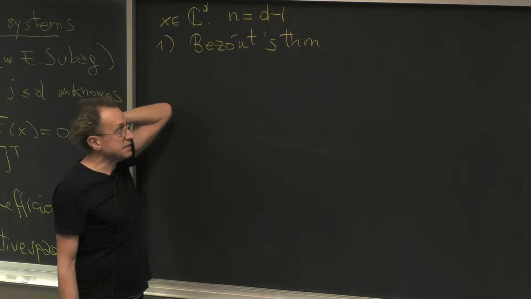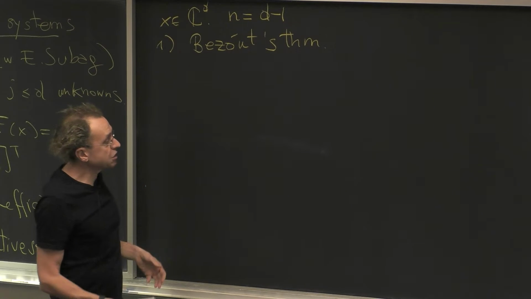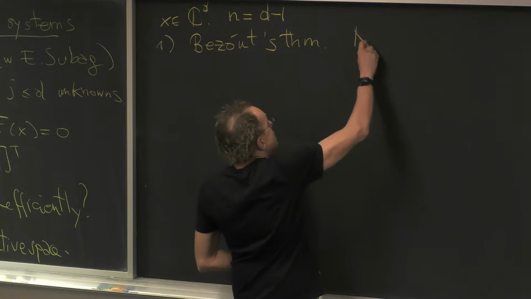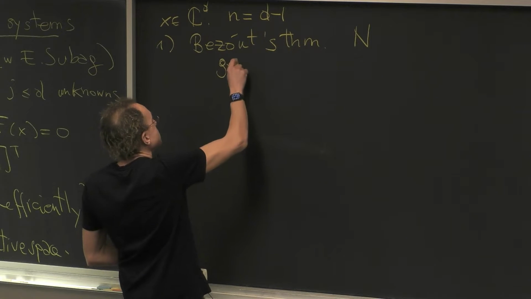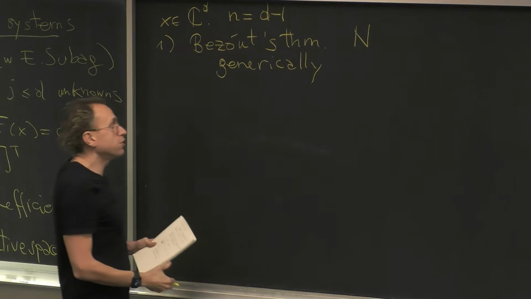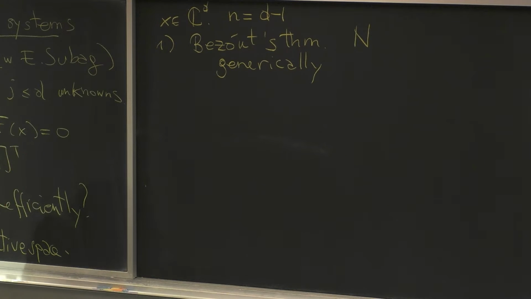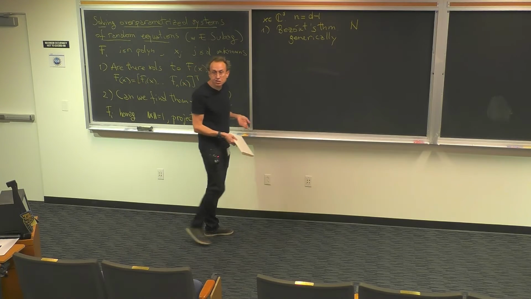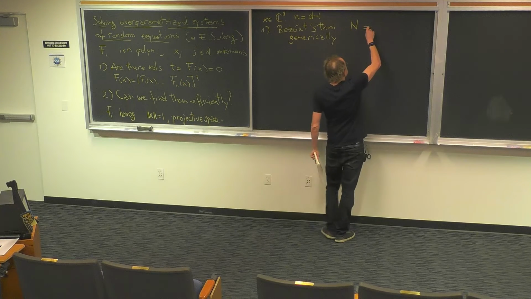So here there are as many equations as unknowns, and Bézout's theorem says that there is, generically, well, if you have one polynomial in one unknown, the number of solutions is the degree of the polynomial, and in general, it's the product of the degrees.